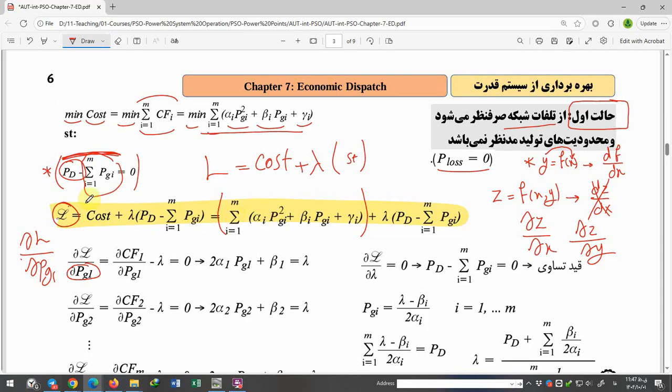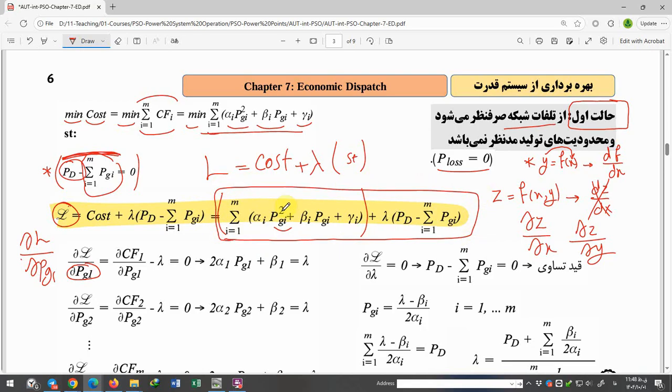So the Lagrangian depends on the PGi's, Pg1 to PGM. So in the derivative, we don't say dL on dPg1. We say round of L on round Pg1.